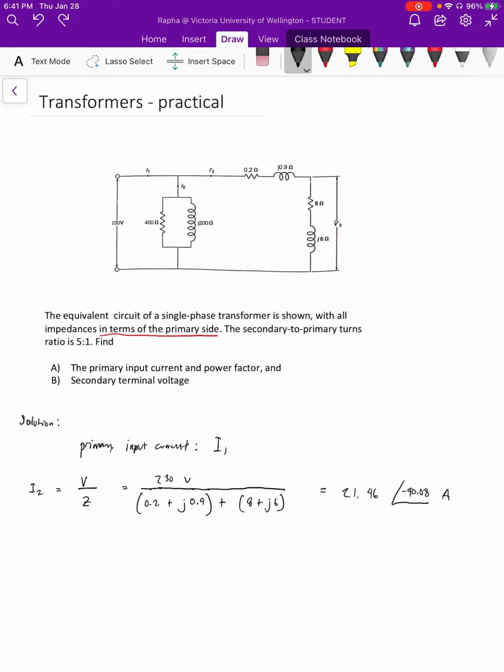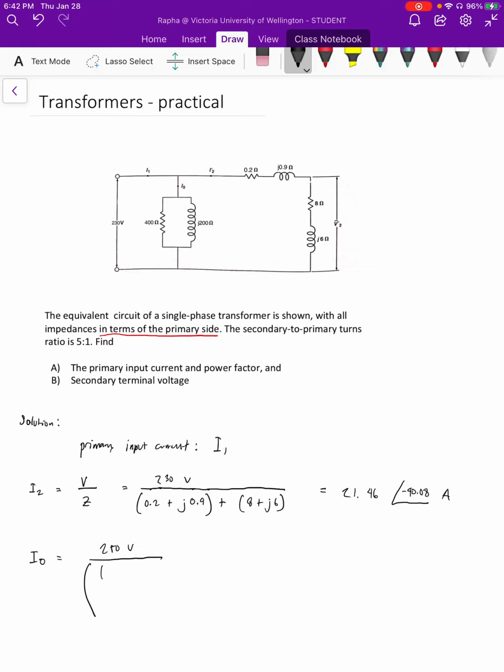Then let's solve for I sub O, from the portion of the circuit diagram we isolated earlier. We have IO is equal to 250 volts over the parallel sum of these two quantities.